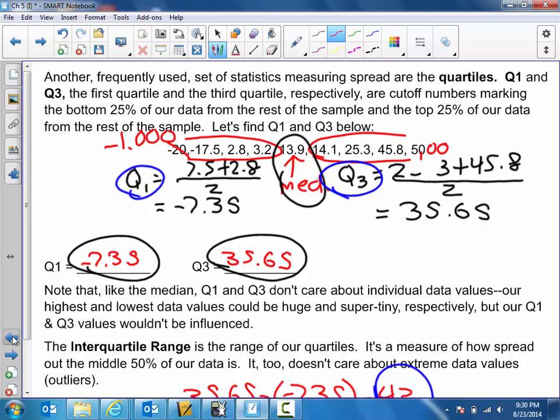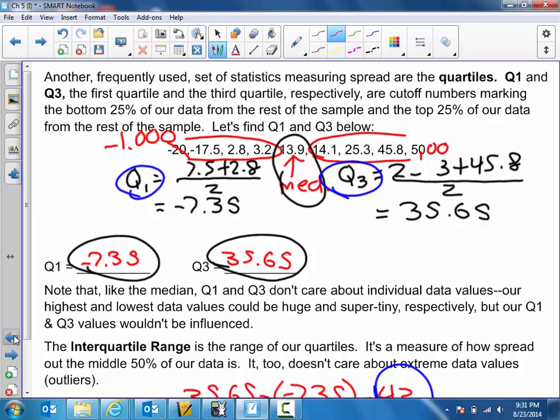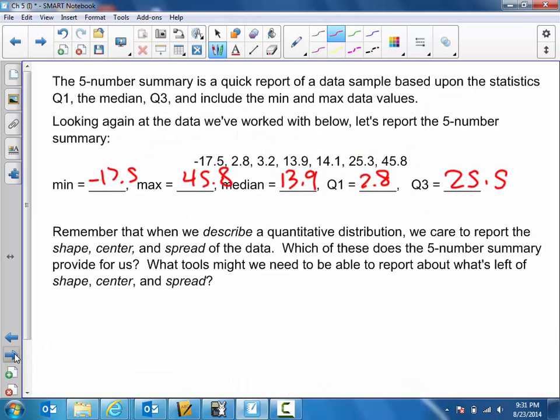Let me check those real quick. Oh, okay. The data set is not quite the same. Negative 20 and 50 have been removed from this data set. Okay, so good to make note of that.